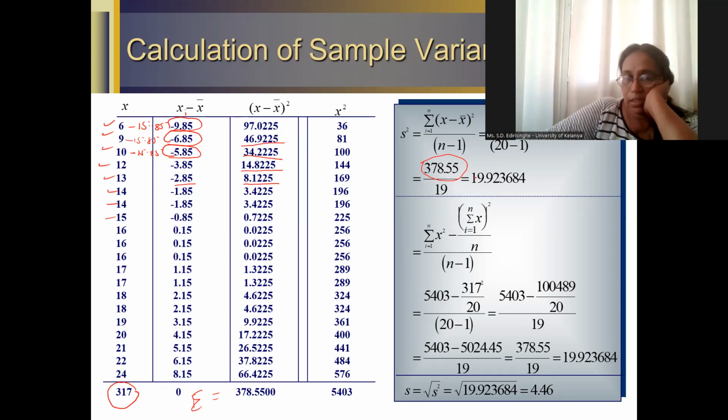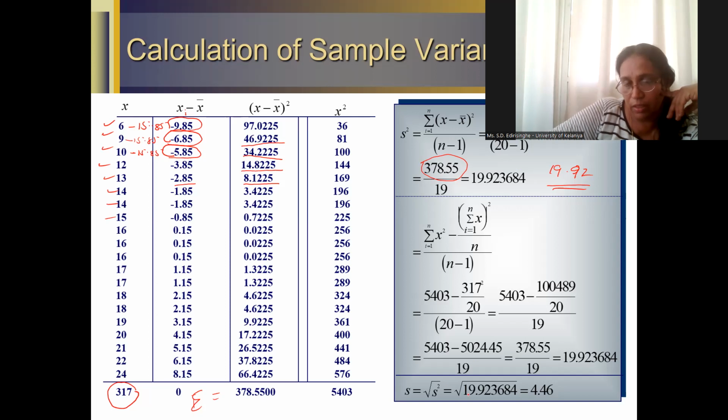It doesn't matter if you write 19.92 here, that is also accepted. 20 here is the sample size, the number of respondents, or number of salespersons. So 20 minus 1 is 19. So the variance here is 19.92.